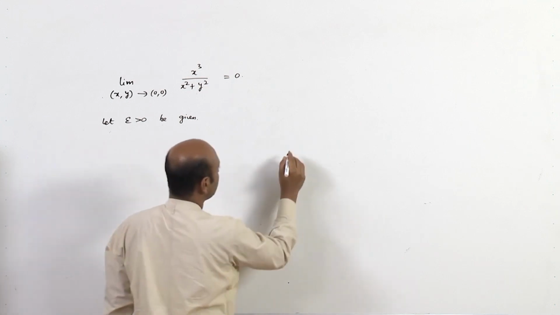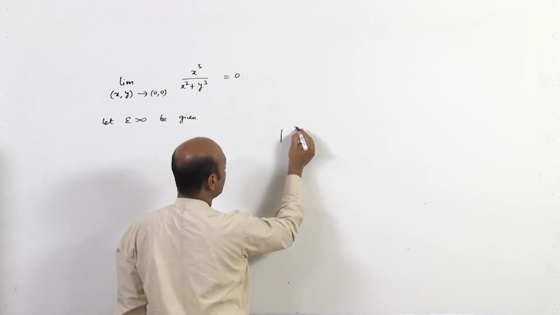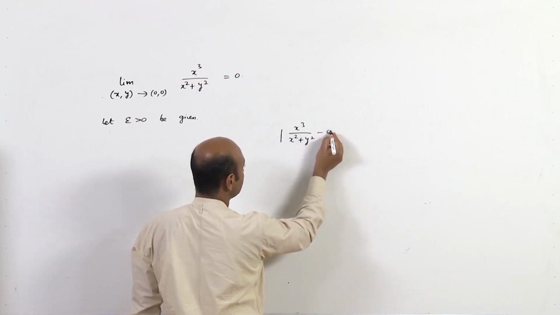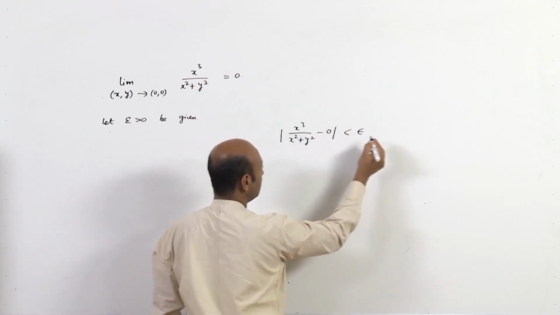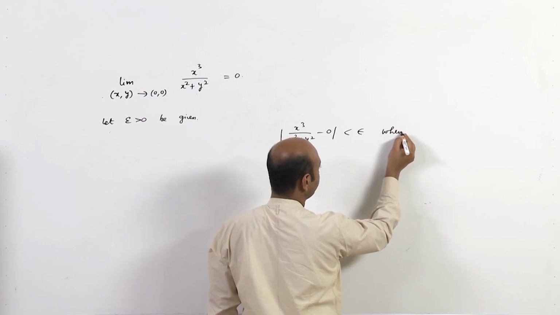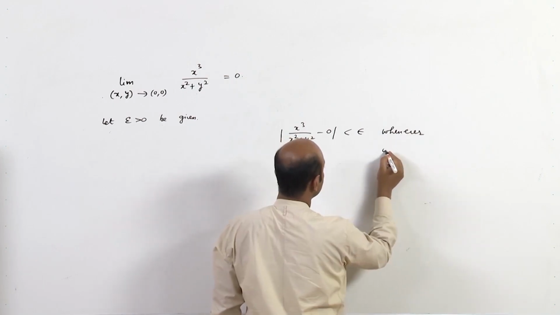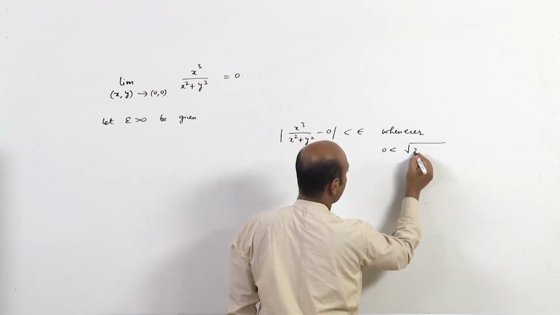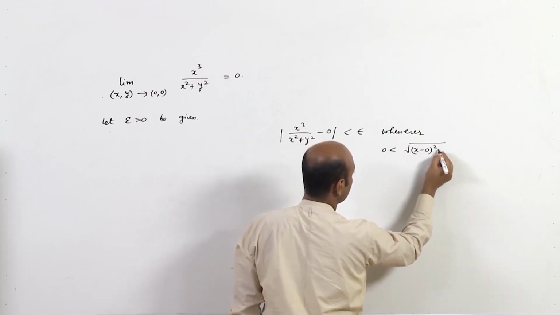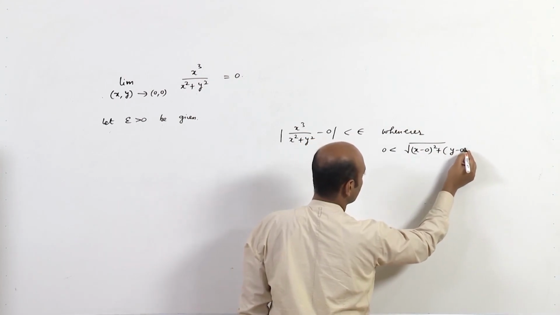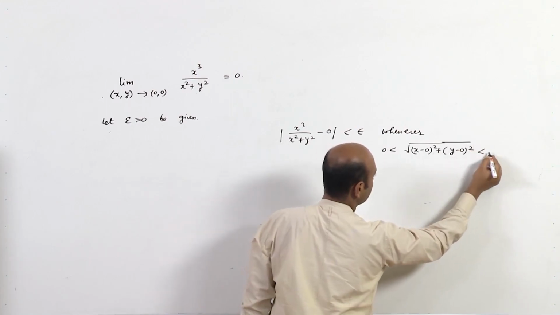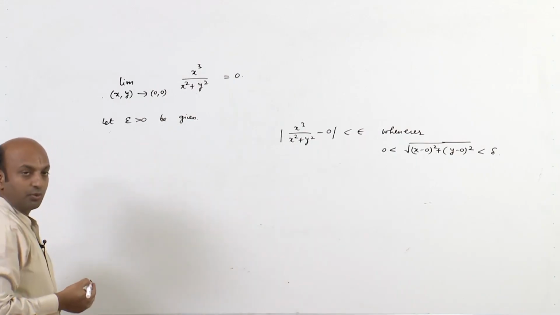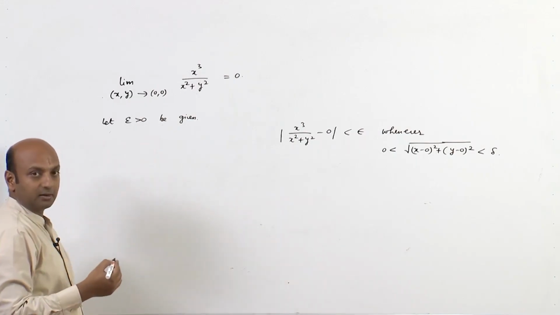We have to show that mod of x cube upon x square plus y square minus 0 is less than epsilon whenever 0 less than under root of x minus 0 whole square plus y minus 0 whole square is less than delta. This we have to prove. We have to prove the existence of such delta.